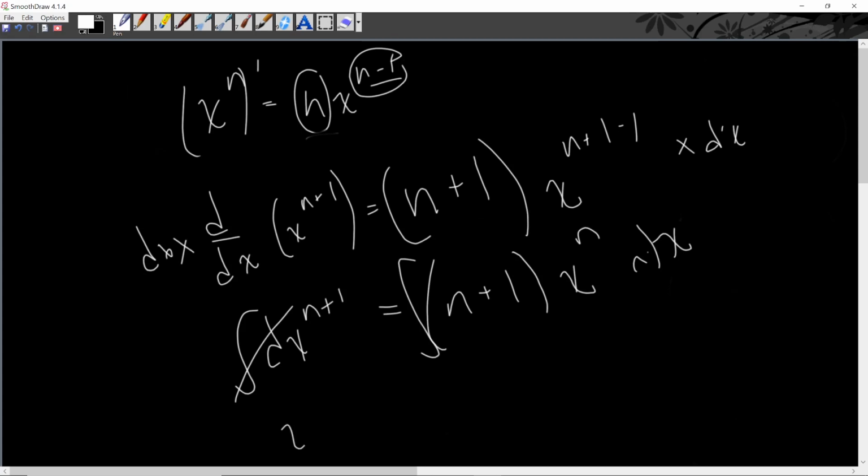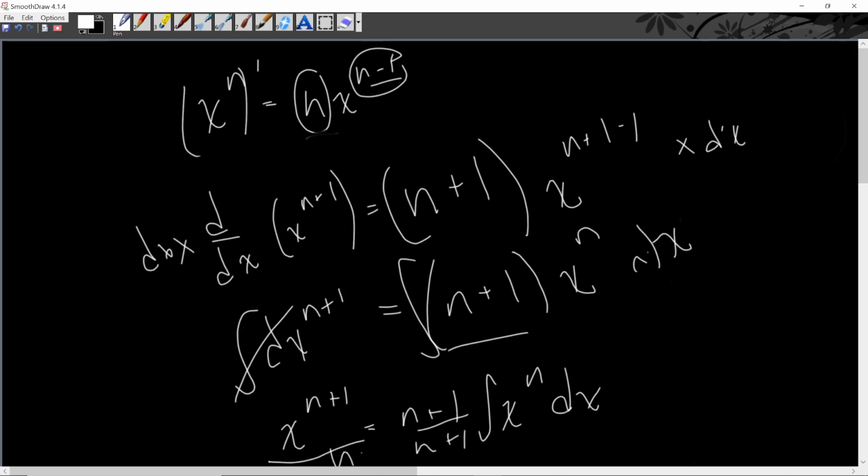So we have x to the n plus 1 is equal to, well, n plus 1 is a constant, so we can just pull that out. n plus 1 times the integral of x to the n dx. And now we simply divide by n plus 1 on both sides.